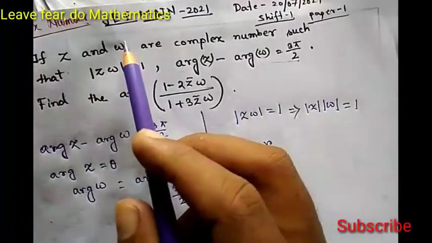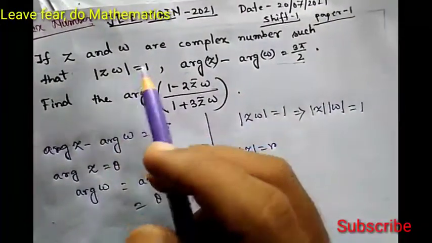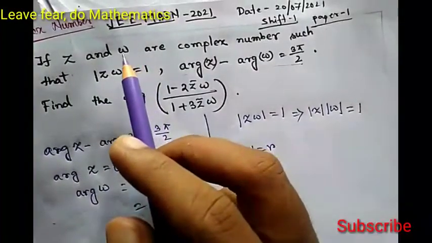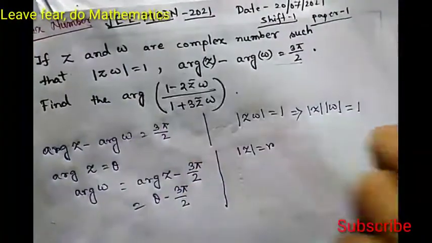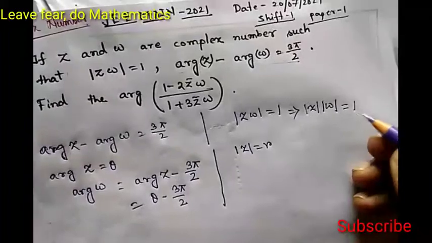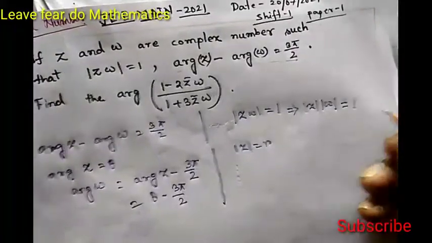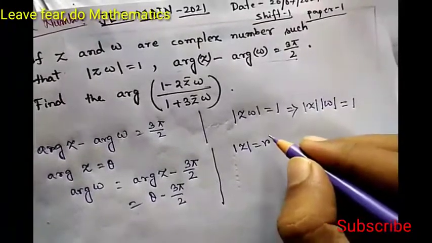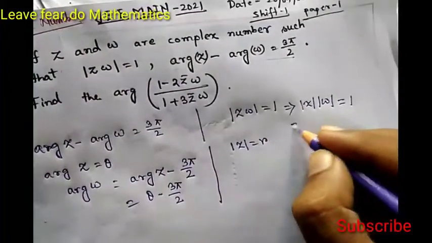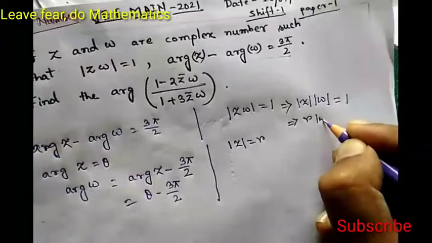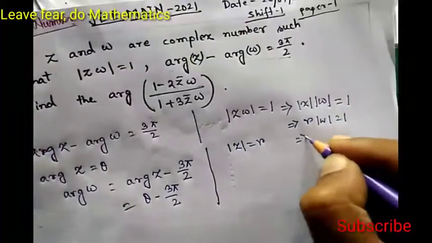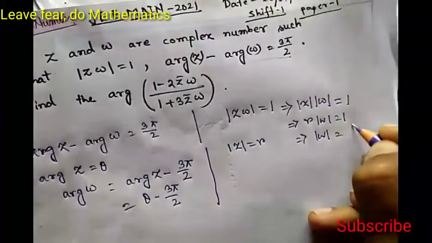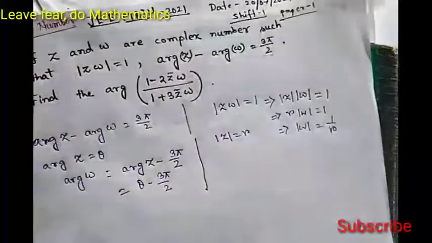We may read W as omega also, but we are pronouncing this as W to make it easy. So the modulus of Z times the modulus of W equals 1. Since mod Z equals R, R times mod W equals 1, and that means the modulus of W equals 1 over R.